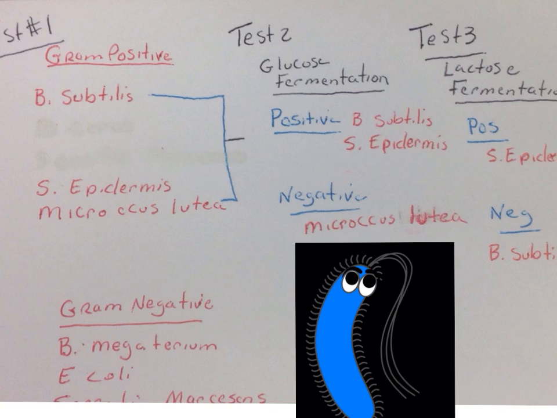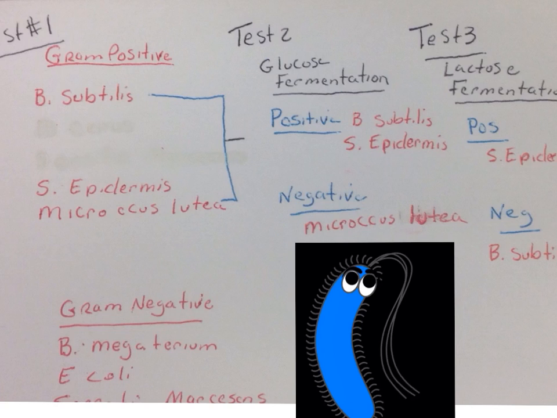And upon reviewing my sheet with all of the possible bacteria and their test results, I see glucose fermentation. It's a wonderful test to run. And if I have a positive glucose fermentation test, it's either Bacillus subtilis or Staphylococcus epidermidis. If it's negative, I've already identified my unknown as my Micrococcus luteus.